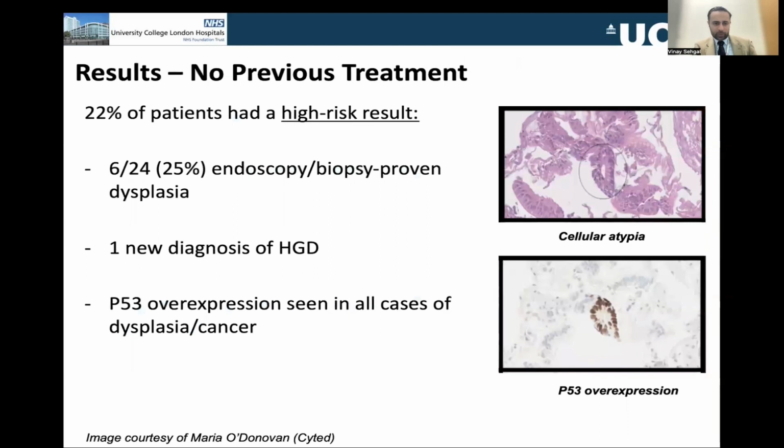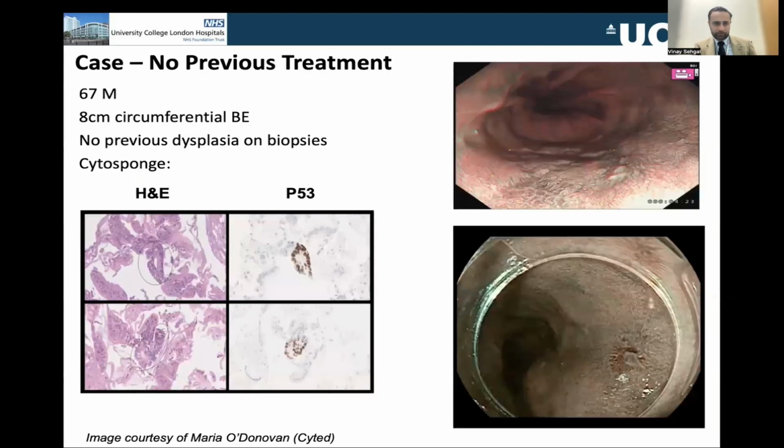Therefore, nearly a quarter of patients had new endoscopic or biopsy-proven dysplasia, with one new diagnosis of high-grade dysplasia. Interestingly, p53 overexpression was seen in all cases of dysplasia or cancer in this group of patients.